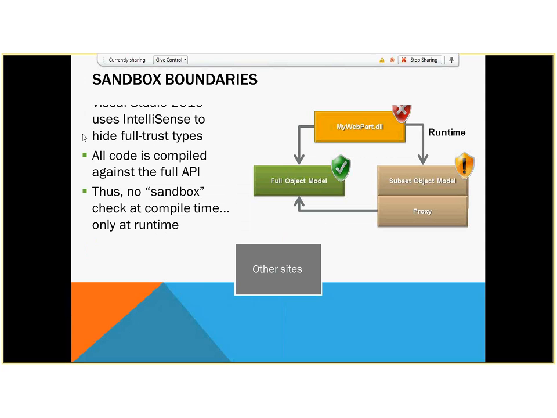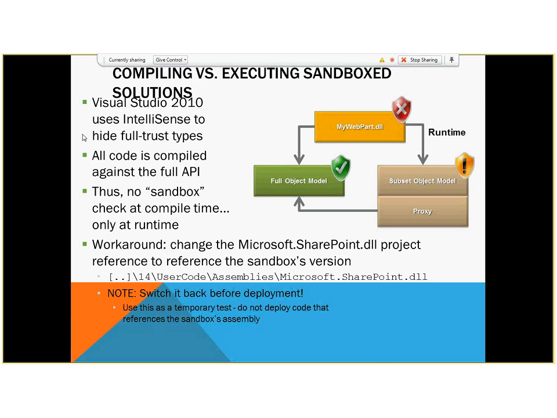One of the key points we need to be aware of is how Visual Studio IntelliSense handles the Sandbox solution, and how the assemblies or types referred to inside the Sandbox solution are deciphered at runtime. Visual Studio uses IntelliSense to hide full trust types, but still doesn't prevent us from adding any assembly which is not supported by a Sandbox.